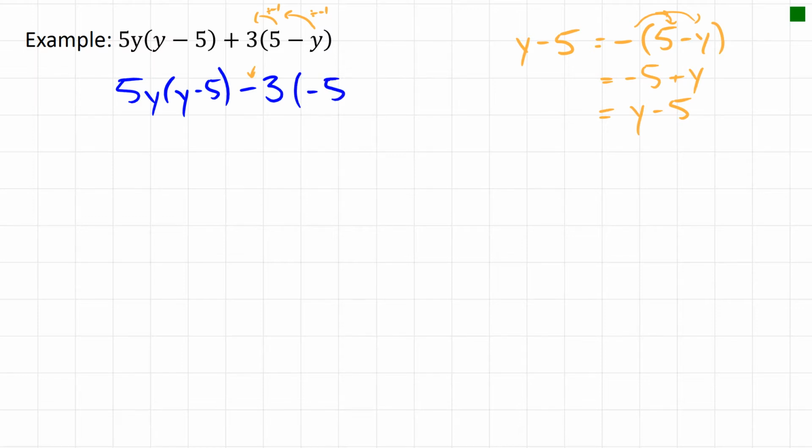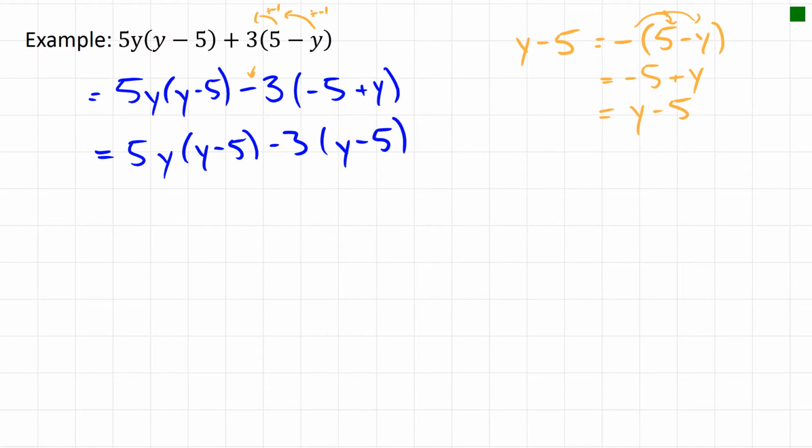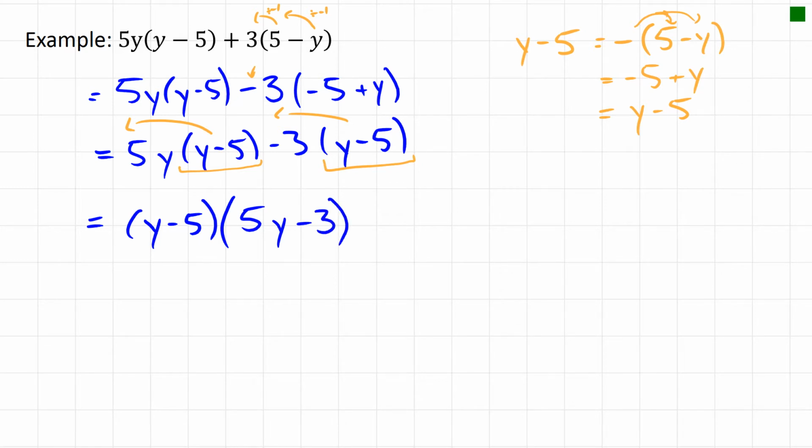And then negative 5 plus y, or again rearranged, that would be y minus 5. And now I have these common brackets for each term, and so I can factor the common brackets off each term, and I'll get y minus 5. So that's what I've factored off, and I'm left with 5y minus 3.